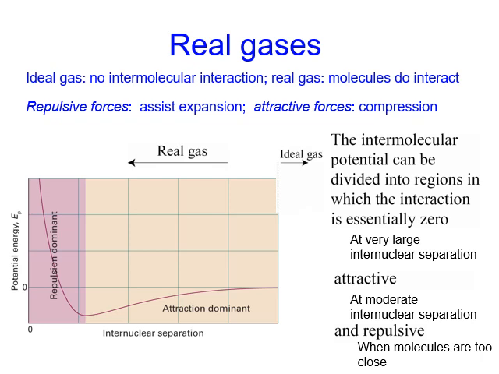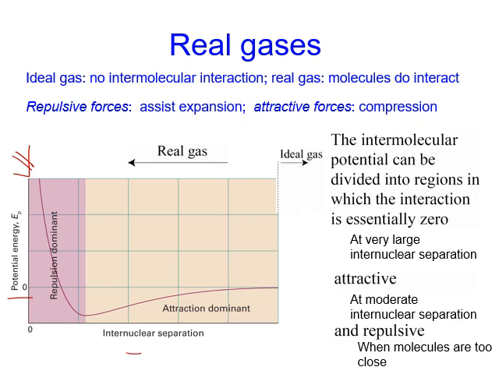Now in reality, even for gas molecules, intermolecular interaction does exist. And here is a diagram of the potential energy as a function of internuclear separation. Potential energy is a measure of intermolecular interaction.